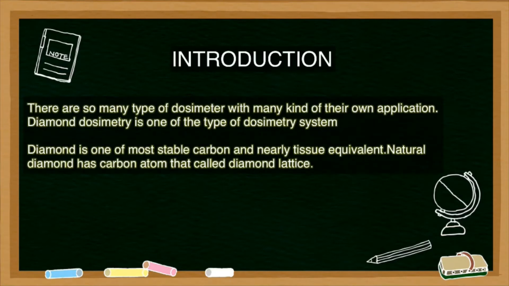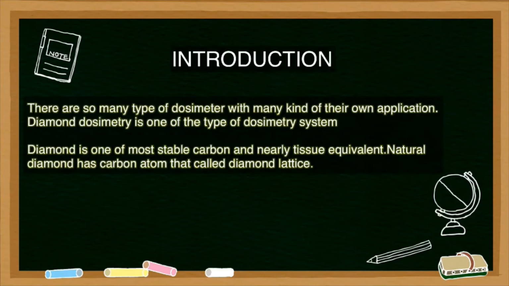Diamond dosimetry is one of the types of dosimetry usually used for radiotherapy treatment. As we know, natural diamond has carbon atoms arranged in a cubic crystal structure called the diamond lattice. Diamond is one of the most stable forms of carbon, as it originates from strong covalent bonds between atoms.